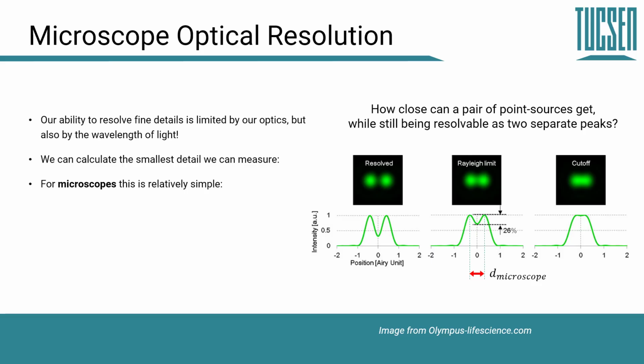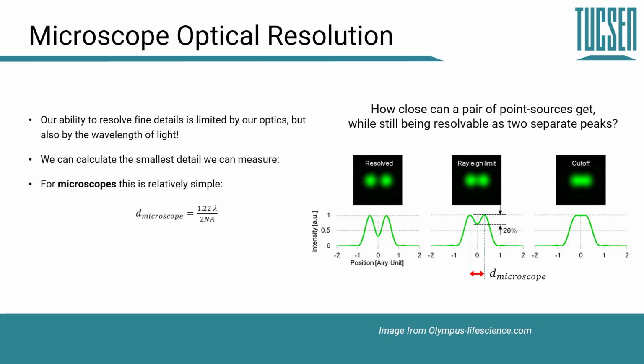The limit where we have defined resolution to say at this point but no closer we can say we have resolved what's going on, we have resolved these two points as separate points, is what we call the Rayleigh limit, and that's our definition of the microscope resolution, called here D microscope.